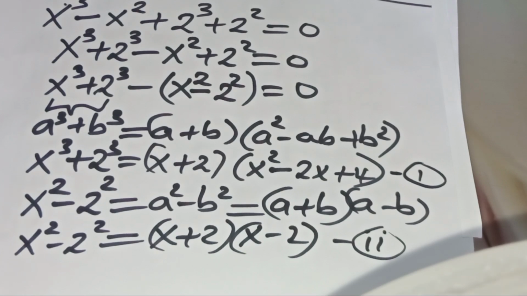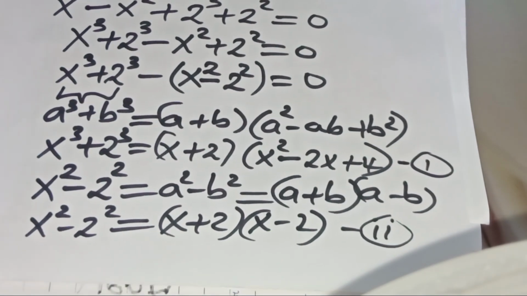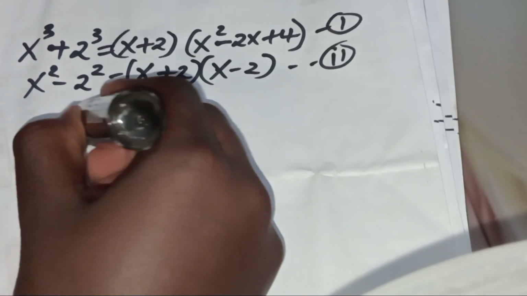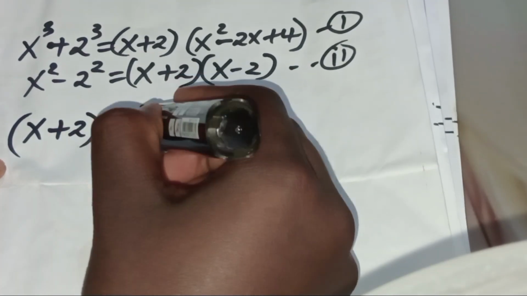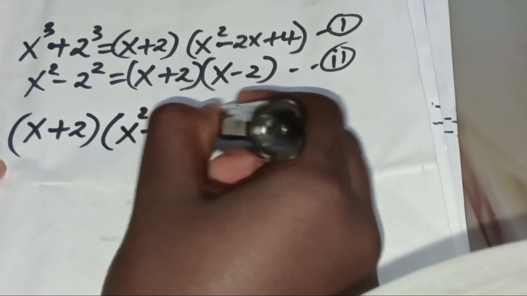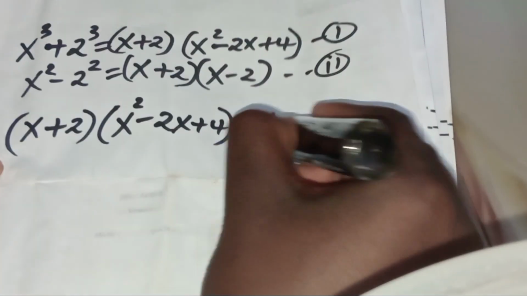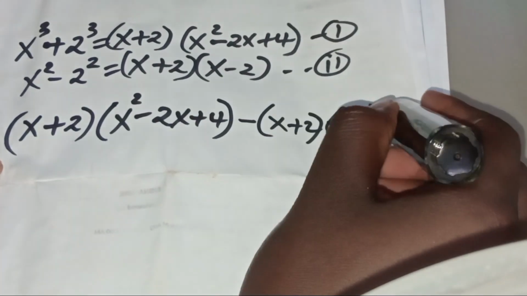So let's combine equation 1 and 2 as follows. We'll have x plus 2, into x squared subtract 2x plus 4, okay? Subtract, now here we have x plus 2, x subtract 2, this is equal to 0.